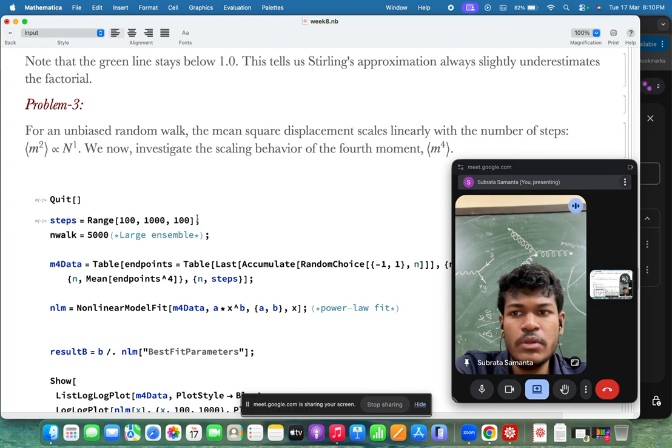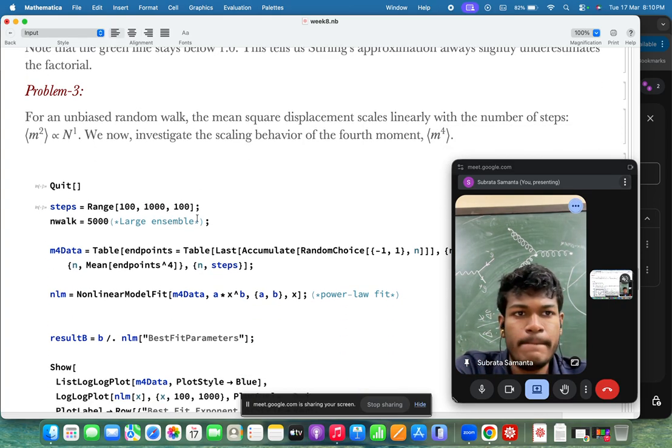So, now I move to the third problem. For an unbiased random walk, the mean square displacement scales linearly with the number of steps.